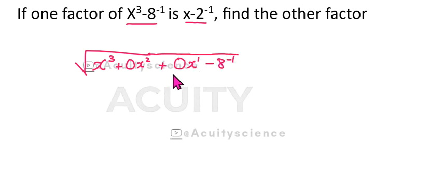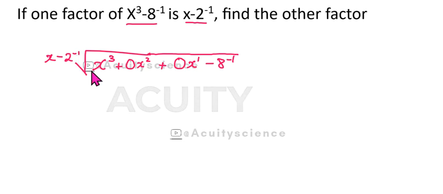It's just for us to have that orderliness, because when dividing, we'll have to deal with this, but we don't have x raised to power 1 in our polynomial. So I just made provision for it. So here we'll put x minus 2 raised to power minus 1 as our divisor.